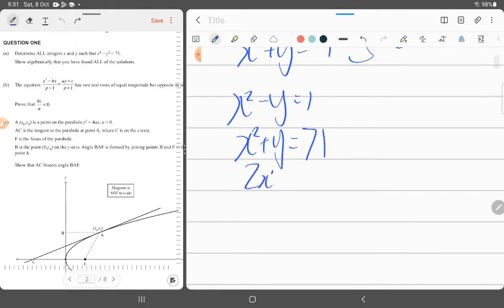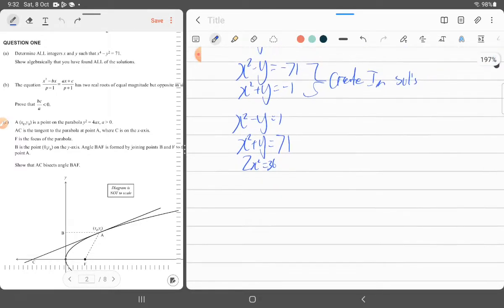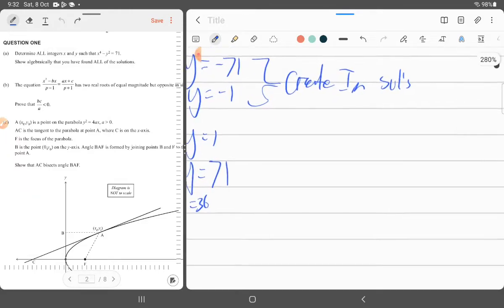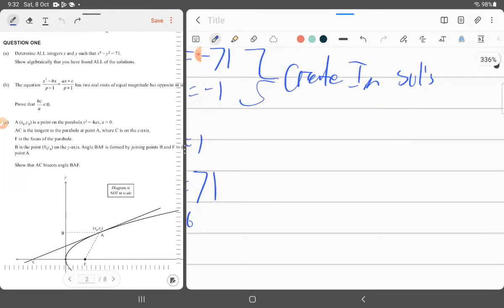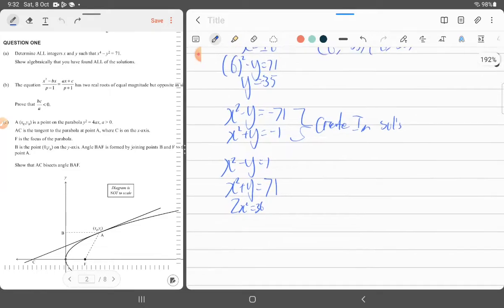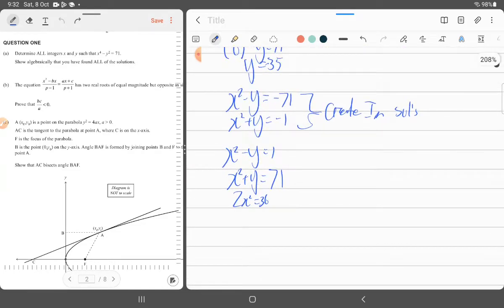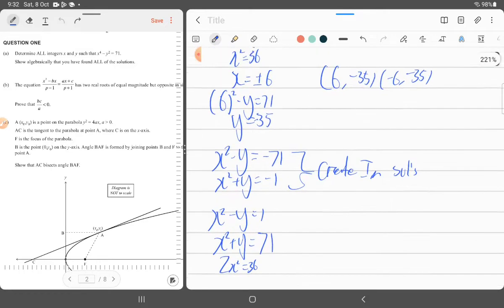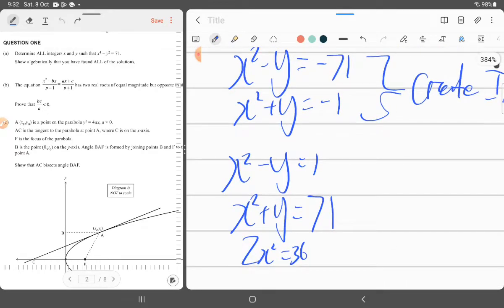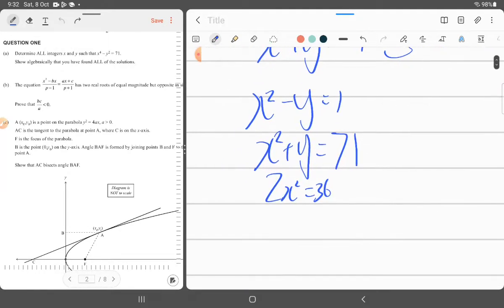Actually 2x squared is equal to 72. I don't think this matters. Does it? Actually, x squared is equal to 36.